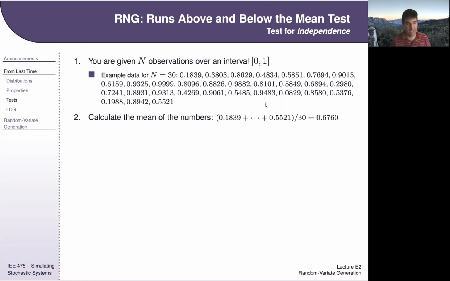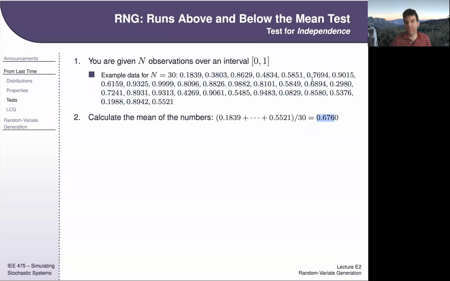As a hint, if I give you the mean, it might mean that you should be considering using this test. Sometimes people ask me for the mean, and if you think you need the mean and I didn't give it to you, maybe you might be using the wrong test. But I'll probably give you the mean if I gave you this many numbers to look through.